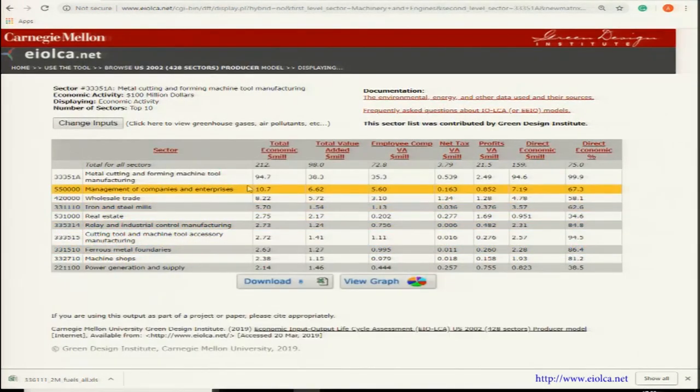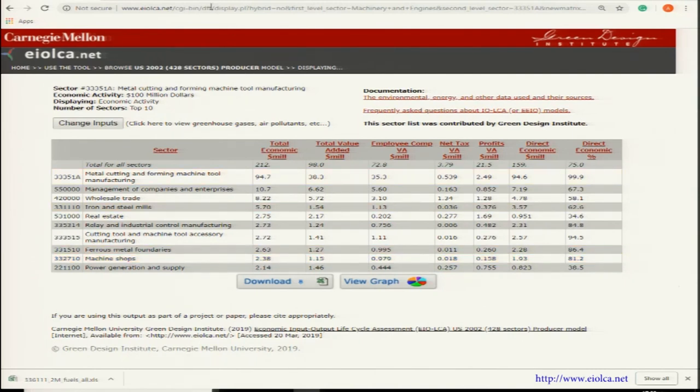The economic activity tells us that $212 million of total economic activity happens, of which metal cutting and forming machine tool manufacturing is the major contributor, and all others are below it. So, we can do multiple life cycle assessments in this way, but this tool, EIOLCA, has certain limitations.